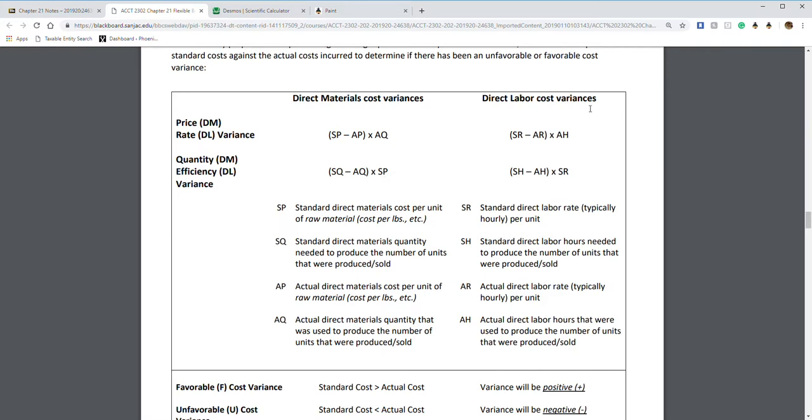Direct labor, its rate variance is standard rate minus actual rate times actual hours. Its efficiency variance is standard hours minus actual hours times standard rate. Lots of numbers, but this is the thing.